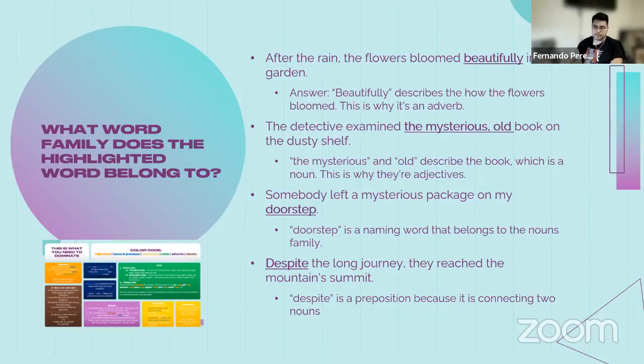Contextually, it's not literally connecting one noun and another, which is the most common way, but contextually you can connect despite with they. Despite the long journey, they reached the mountain summit. Switch: they reached the mountain summit despite the long journey. If you switch it, it's connected.